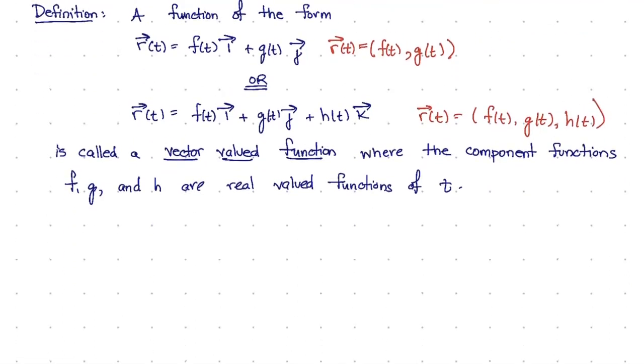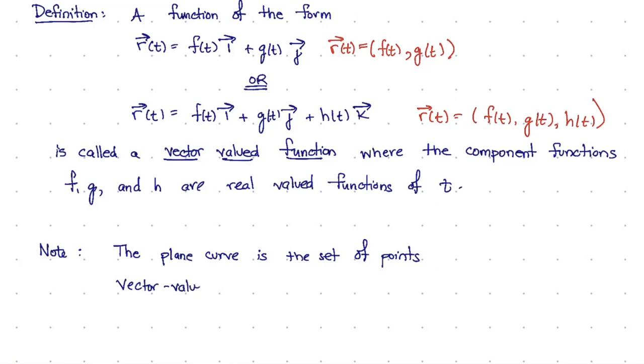So we should also take note of the fact that the plane curve is the set of points, or the connection of all the points, whereas the vector-valued function is the terminal point that traces the plane curve.